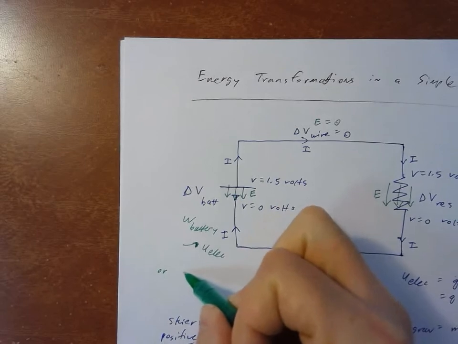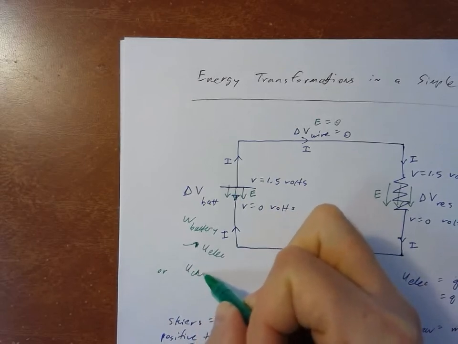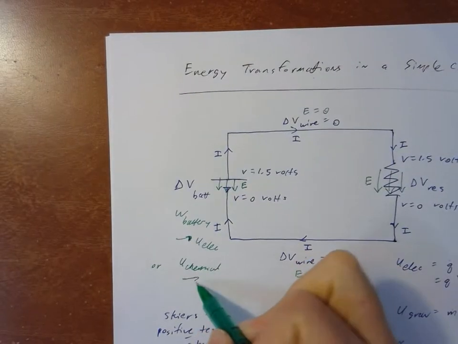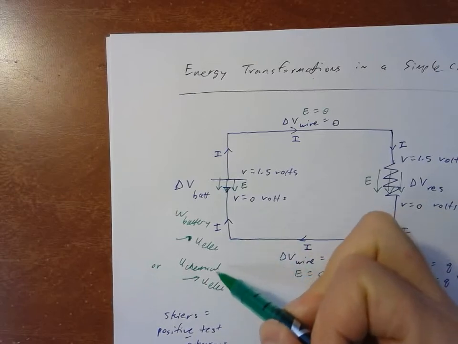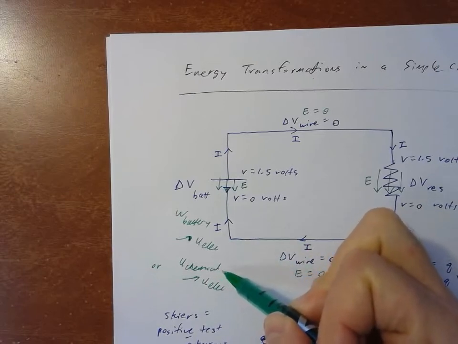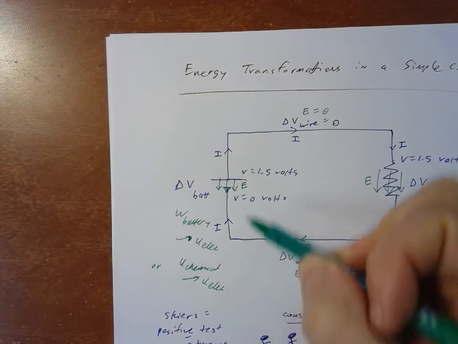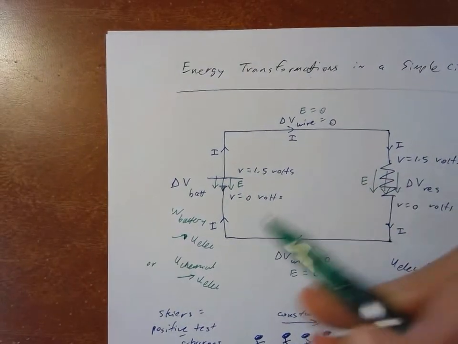So you could say that there's some stored up chemical energy in the battery, and that's what gets converted to the electric potential energy. And eventually a battery will use up its chemical reactions, and that stored energy will be no longer available, and the battery won't be able to lift those charges anymore to give them energy.